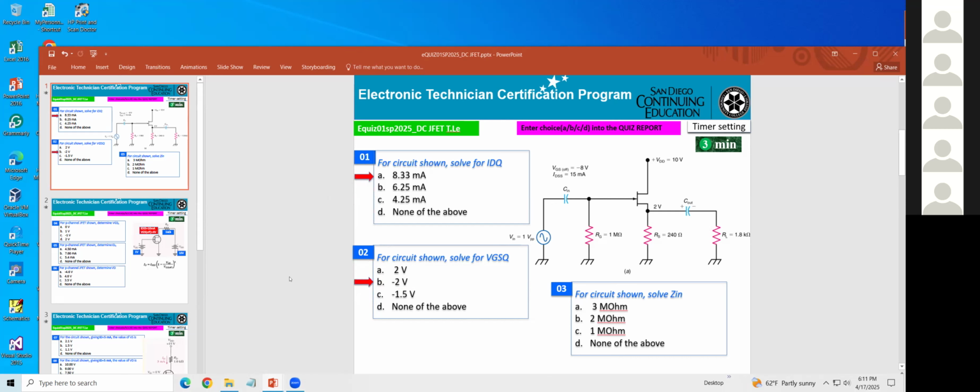Okay, number three. G in, that means input impedance. When you're looking from the signal applied to the amplifier, how much resistance you can see, that's what they call input impedance.